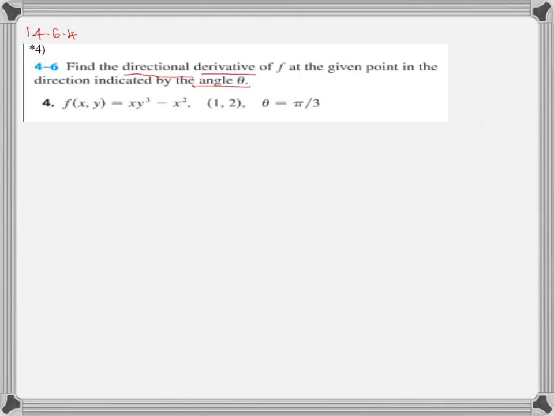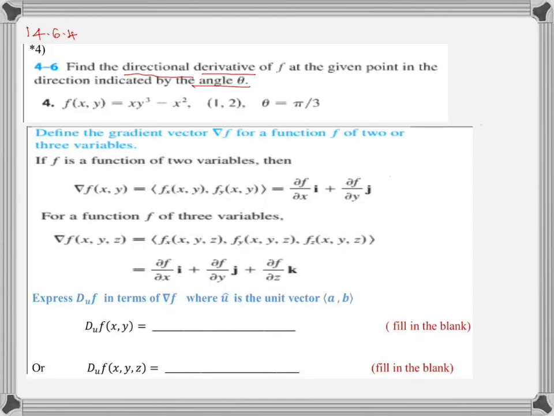So we're asked to find the directional derivative, and the direction, the angle, is also given. The point is given, the function is given to us. So let's see what we mean by the directional derivative. It gives us the slope of the tangent to the surface in any direction.